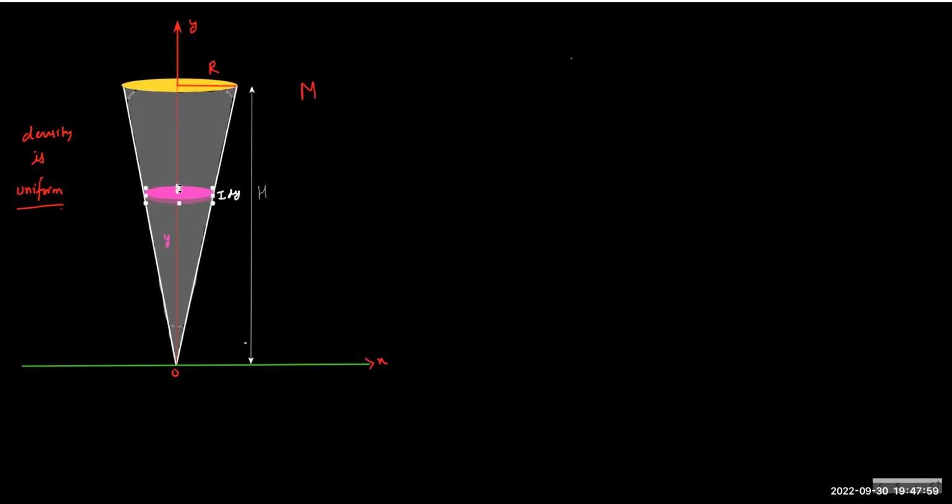Because the height is the same for all, right? The h is not changing for the disk. So in the formula mgh, the h represents the height of the mass from the bottom. So here y represents the height of the entire disk from the bottom. Yes or no?